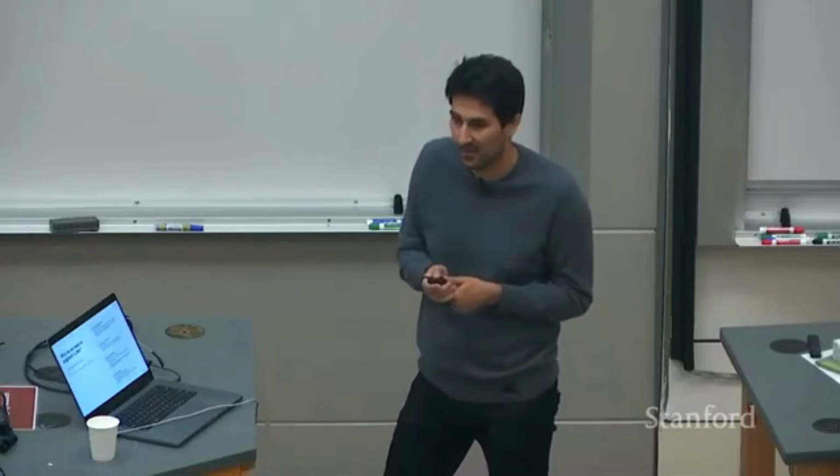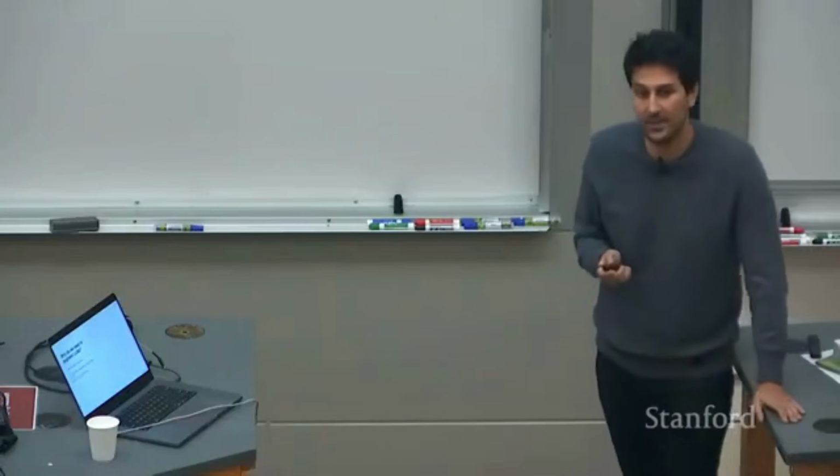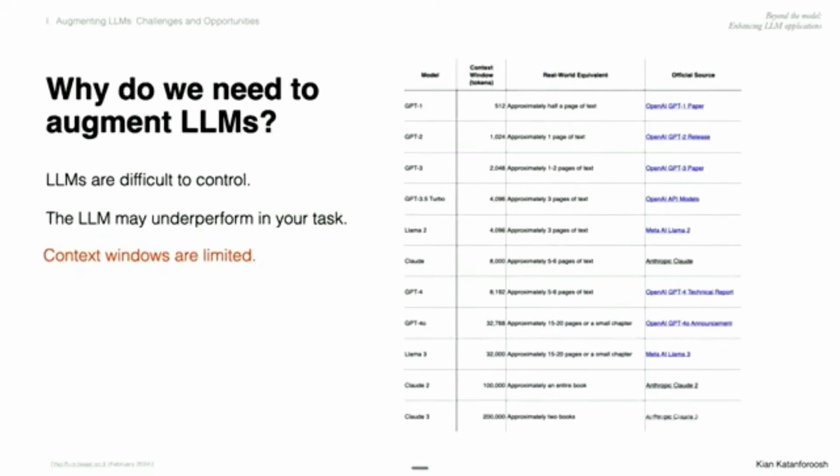Does that make sense? The other aspect around context windows is they are in fact limited. If you look at the context windows of the models from the last 5 years, even the best models today will range, in number of tokens they can take as input, somewhere in the hundreds of thousands of tokens max.